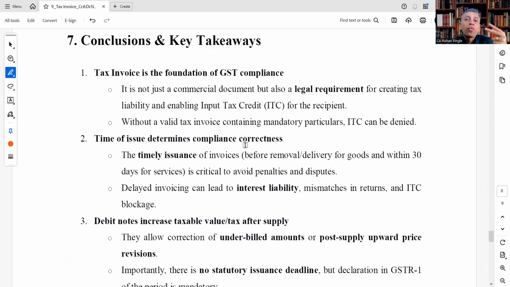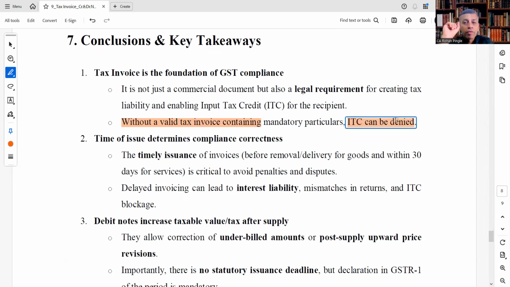For the supplier, it creates a tax liability by collecting tax from the recipient and paying it to the government. On the other hand, it enables the recipient to claim or avail the input tax credit based on that particular tax invoice. Without a valid tax invoice containing mandatory particulars, ITC can be denied.